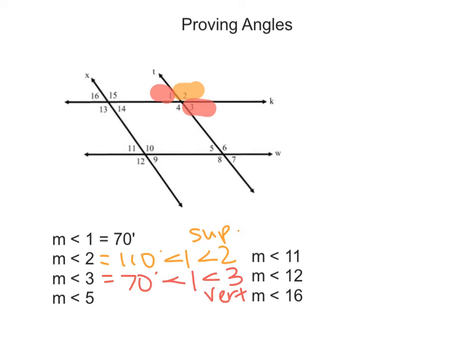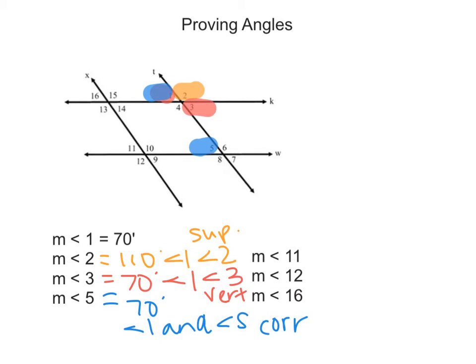Then I can look at angle number 5, and I can see that that sits in the same position, which makes it a corresponding angle. And corresponding angles have the same measure. So angle 5 is also 70 degrees because angle 1 and angle 5 are corresponding.